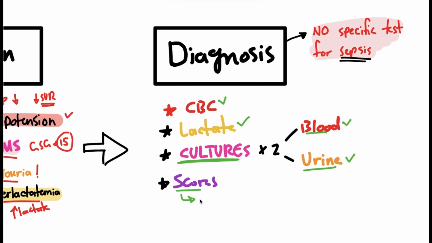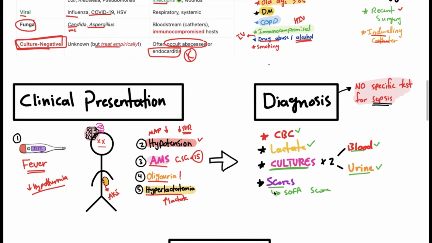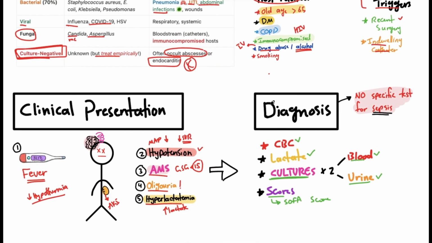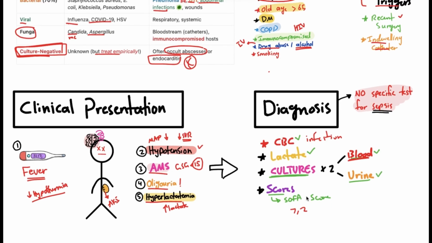We look at the SOFA score, as we have said. And then lastly, once we diagnose the patient, we have high lactate, we have an infection upon doing a CBC, upon doing a culture, and we have a SOFA score more than 2. At this stage, we can say that this patient officially has sepsis.